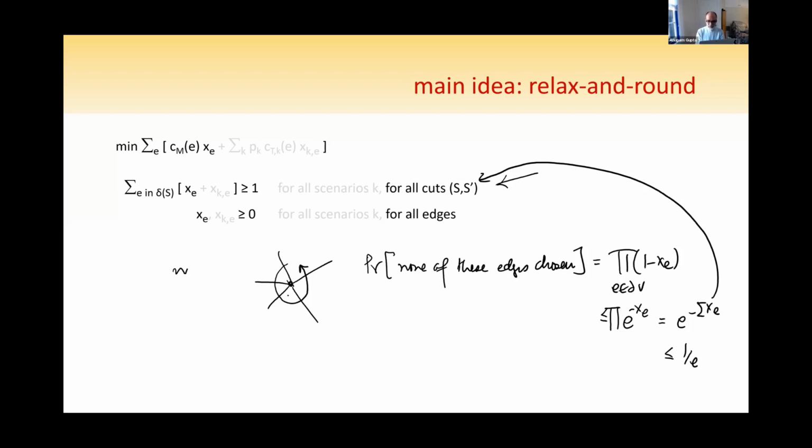So every vertex, the probability that v is connected to someone else is at least 1 minus 1 over e. So every vertex has a 63% chance at least of connecting to somebody else.